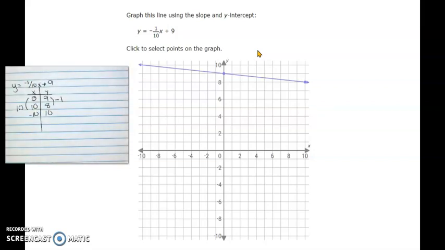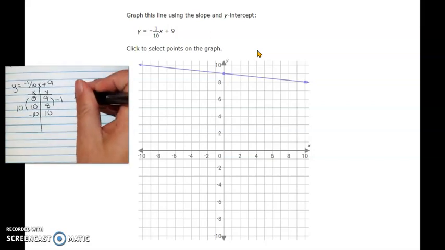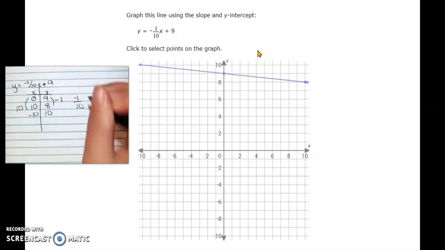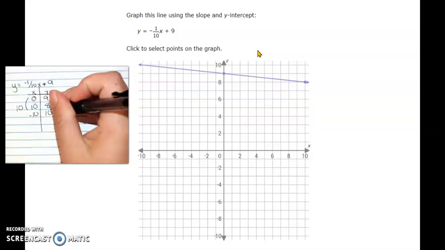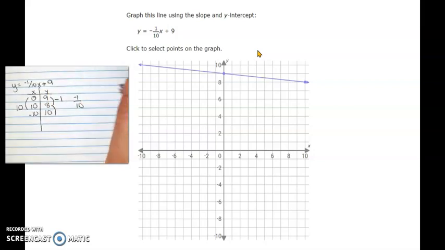Remember, slope is y over x. So we have negative 1 over 10. That's negative 1/10. Okay? Well, the difference between 8 and 10 is positive 2.